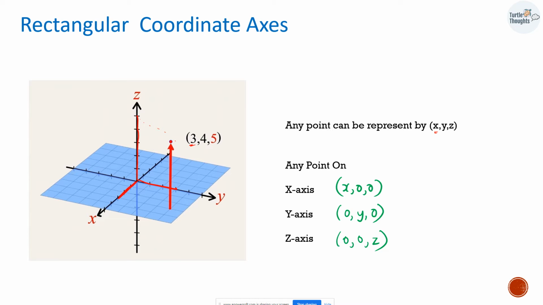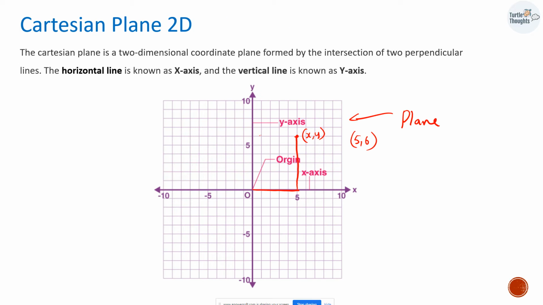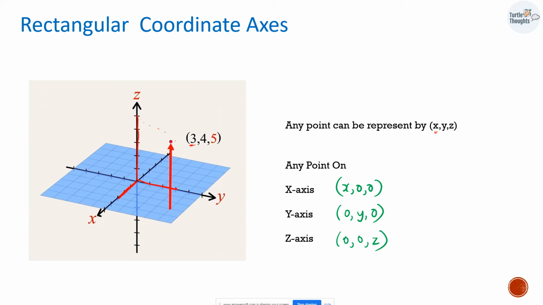We had the same thing in 2D or the Cartesian plane also, right? Here we took any point on the x-axis as x comma 0 and any point on the y-axis as 0 comma y. Similarly, in the 3D coordinate system, we take it for the x-axis, y-axis and z-axis also.